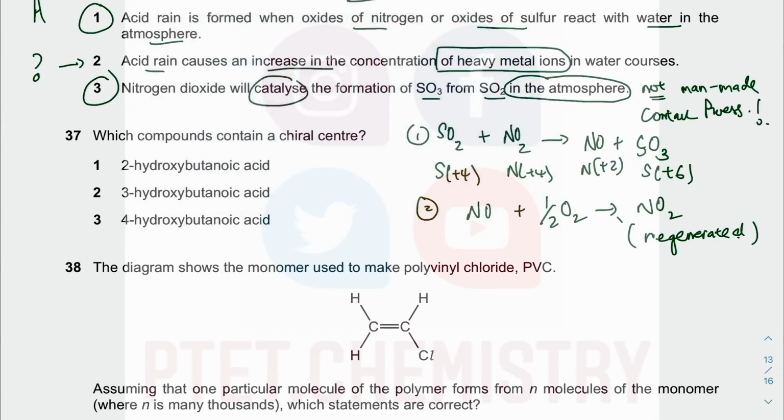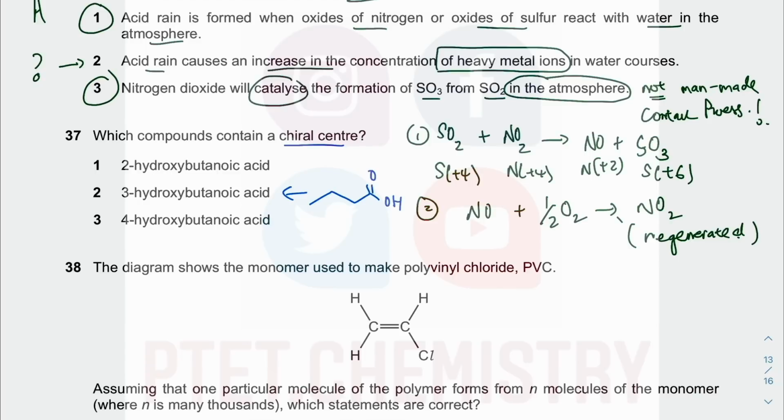Which compounds contain a chiral center? If I start by drawing number 2, I have butanoic acid. Nope, there's one carbon short. 1, 2, 3, 4. Okay, that was right all along.